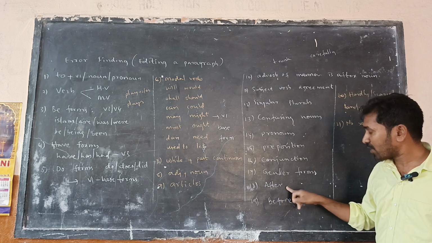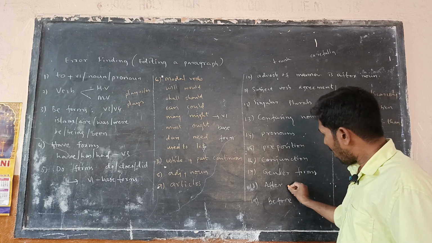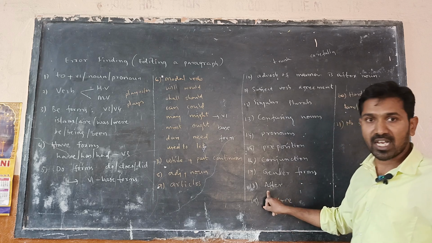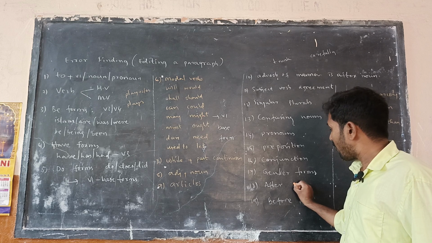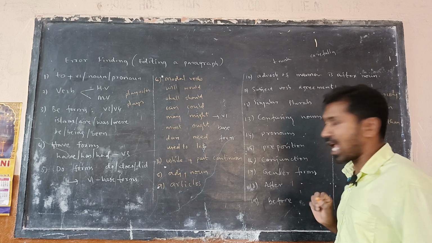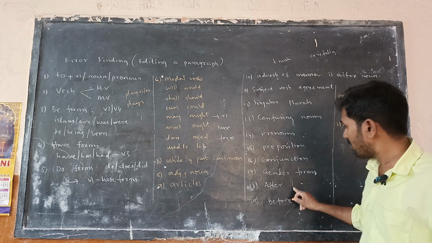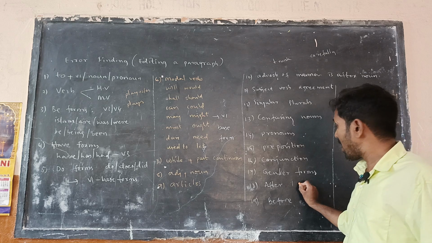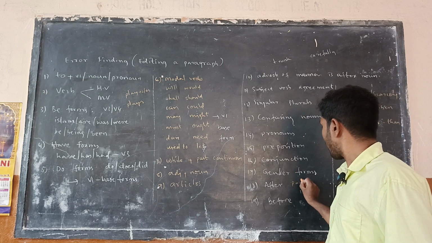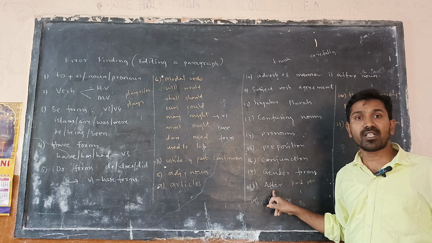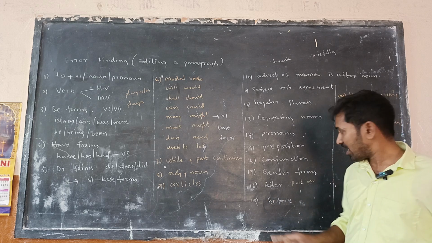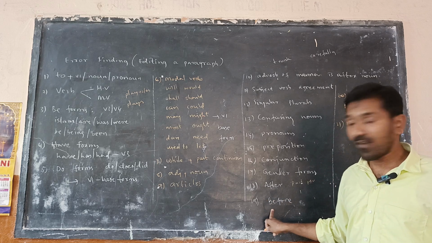Next, if a statement contains the adverb after, then the first action should be with the help of past perfect tense. That means after plus subject plus had plus V3. Next, before.